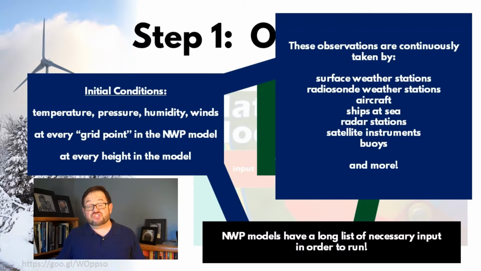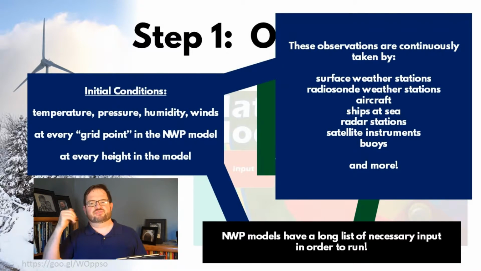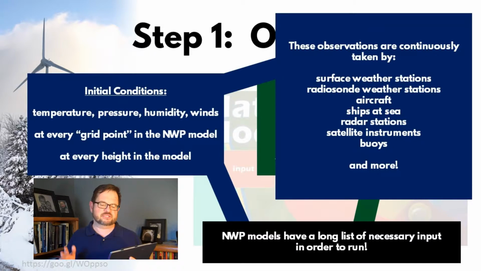Now, these are the observations that are taken by national meteorological services like the National Weather Service all around the world. They're going to be the continuously taken observations of things like temperature, pressure, rain, cloud cover, winds, etc. from surface weather stations and radiosonde weather stations and aircraft pilot reports and ships at sea that send in these reports.